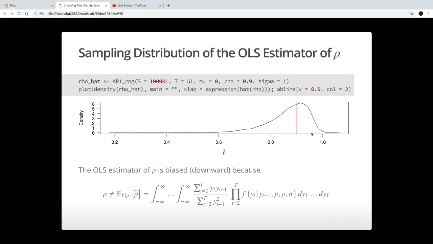Now, there's some sense in which, okay, we've evaluated the property of this estimator across many simulated data sets and its properties are good. So everyone go ahead and use it. In this case, the properties of it aren't that great.